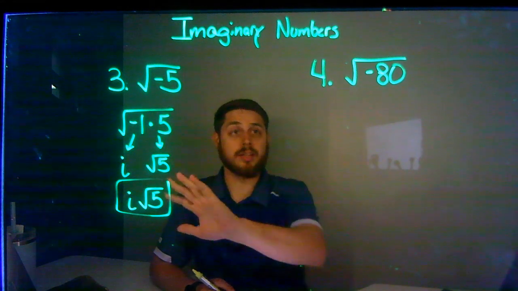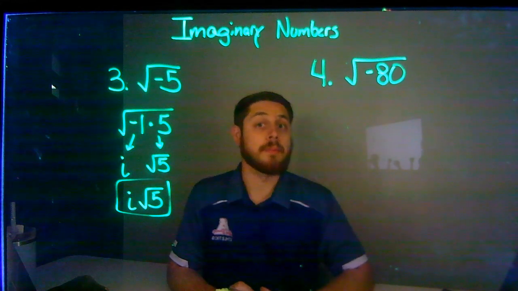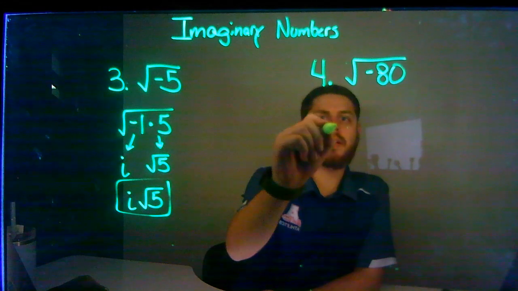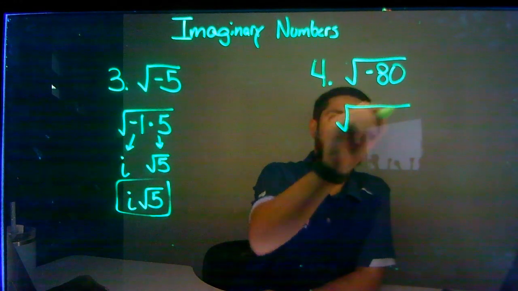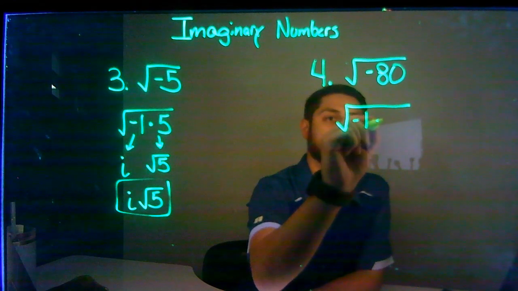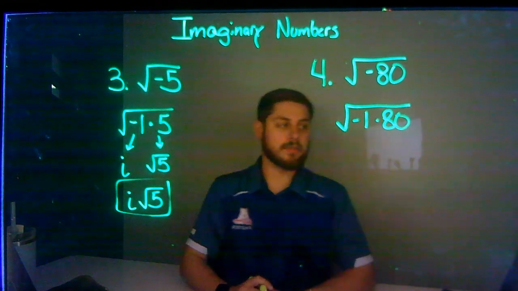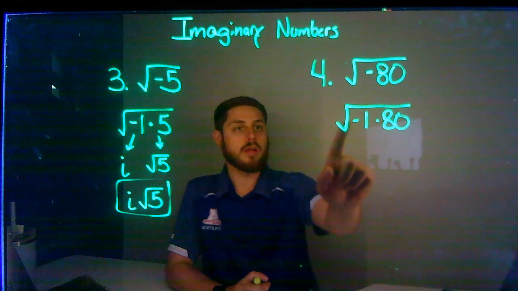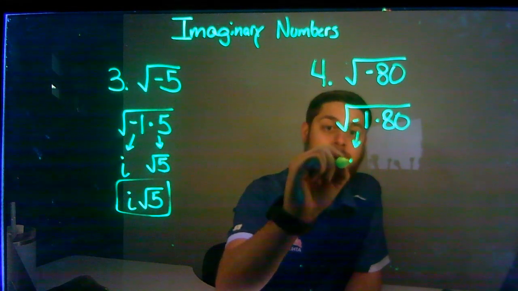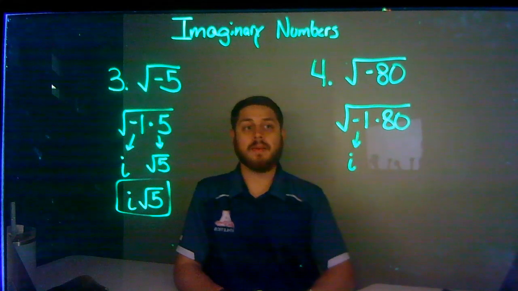But that does kind of lead us into number 4 here, where we may be able to simplify our a value. So again, first things first, I'm going to rewrite this as -1 times 80. And again, the square root of -1 is i.